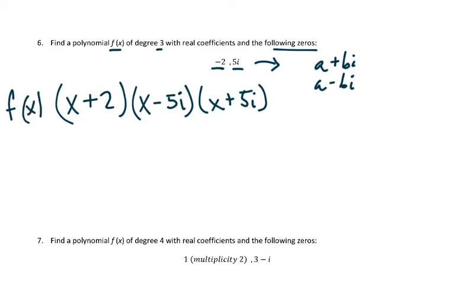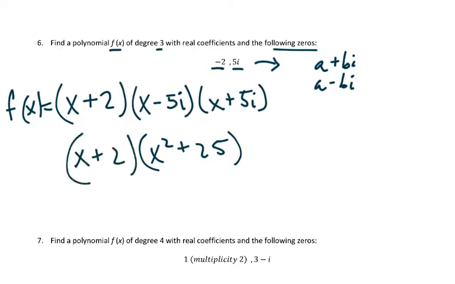And then again, we know what happens when we multiply out x minus 5i, x plus 5i. That's going to give us x squared plus 25 based on what we just saw. So I could write this as, because it says with real coefficients, this one would want to be written all the way out and expanded all the way out. Now I can multiply these two binomials.